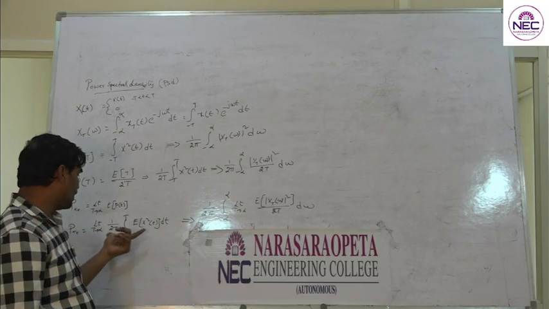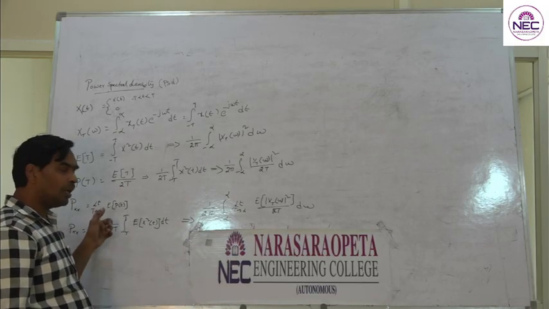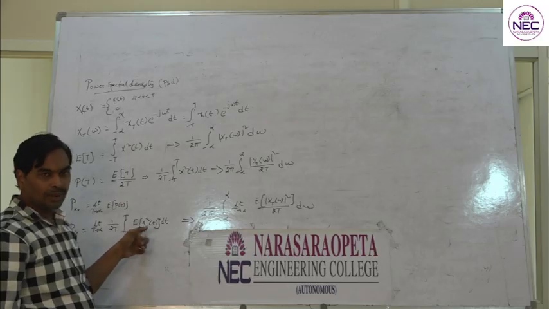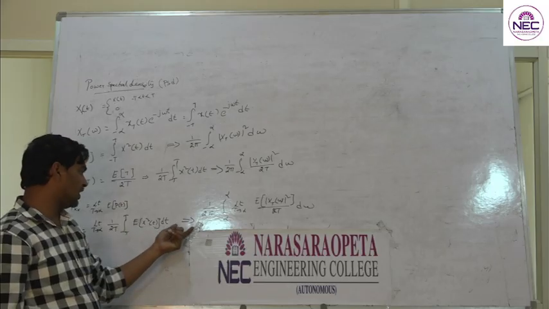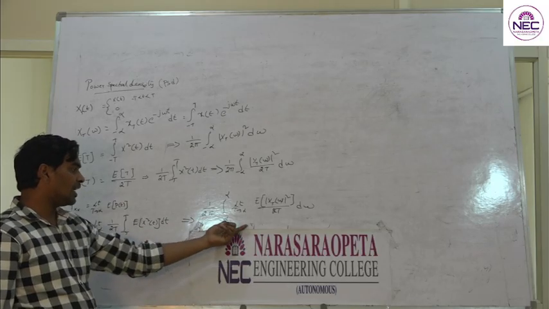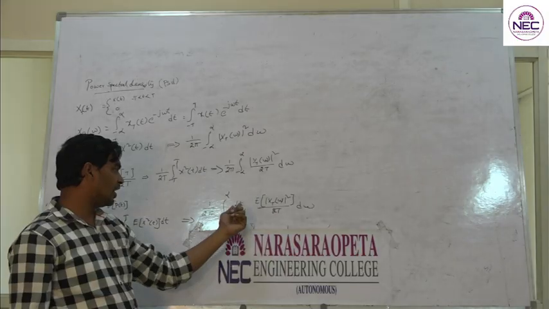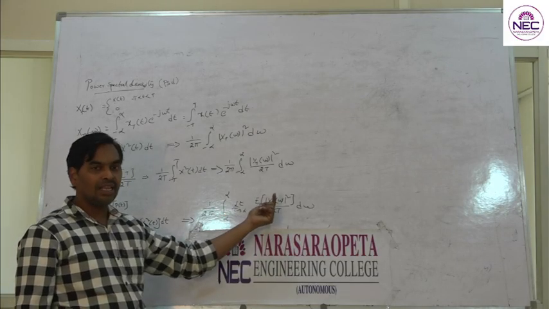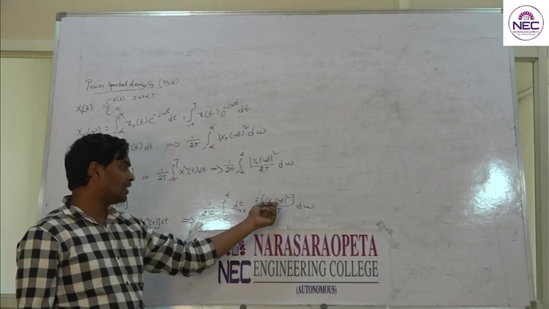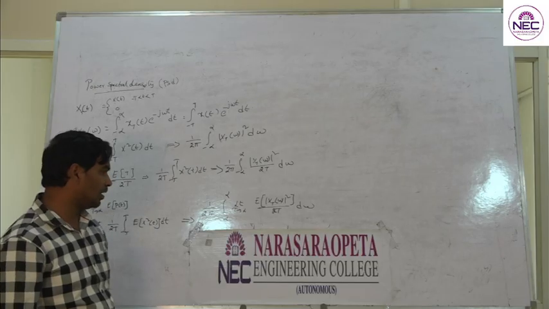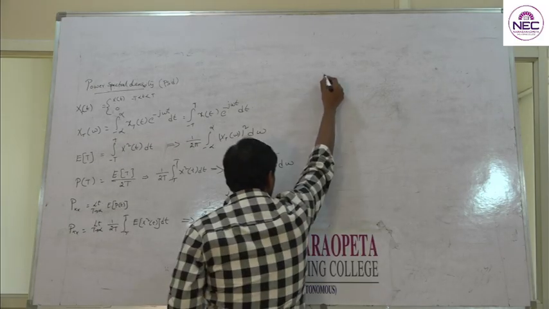In the time domain representation, this is the formula: limit t tends to infinity, 1 by 2t integral minus t to t expected value of x square of t dt. And in the frequency domain, it is 1 by 2 pi integral minus infinity to infinity, limit t tends to infinity expected value of magnitude of X_T of omega whole square by 2t d omega. So these are the expressions.